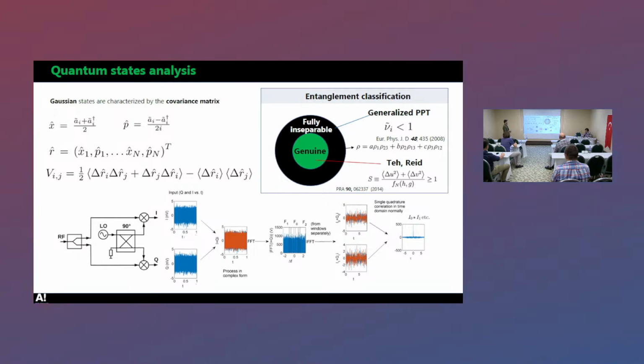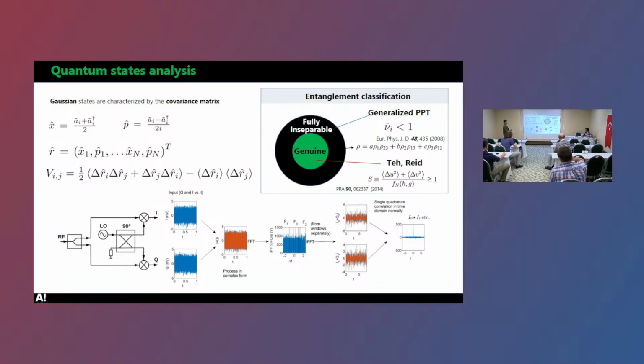And then we perform the Fourier transform, and now we are in the frequency domain. And in the frequency domain, we can artificially specify corresponding modes that we're going to look into. And then once these modes are specified, for each window separately, we can perform an inverse Fourier transform, go into the time domain, and compute corresponding correlations between different modes. And by doing this for I and Q quadratures separately, we construct this covariance matrix.